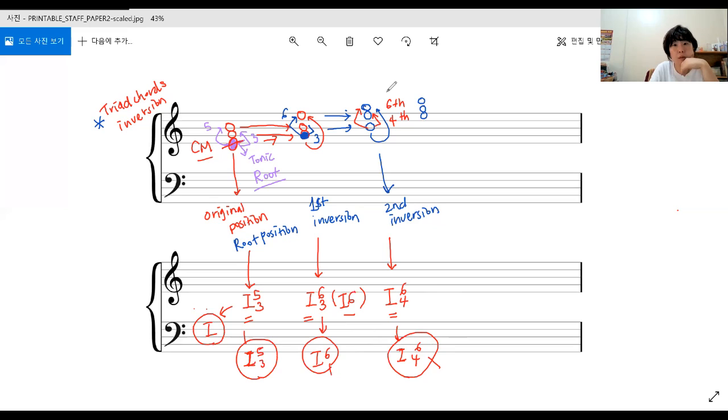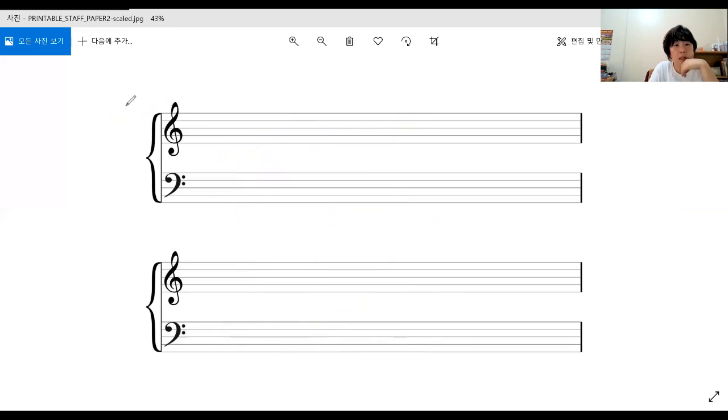Okay, let's do one more thing. Let's make a D major triad chord inversion. D major, we have D, F sharp, A. Okay, this is D major, original position, the first one in the D major scale. And then what is the inversion?